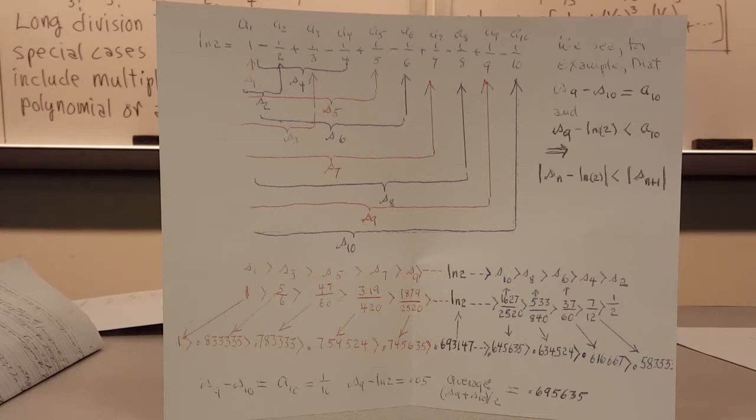And if you end with a minus, you get the blue ones, or I guess that's not blue, it's violet, and they're always too small. And the red ones are approaching log 2, although you would hardly know it from looking at the decimals, by decreasing to it, and the violet ones by increasing.